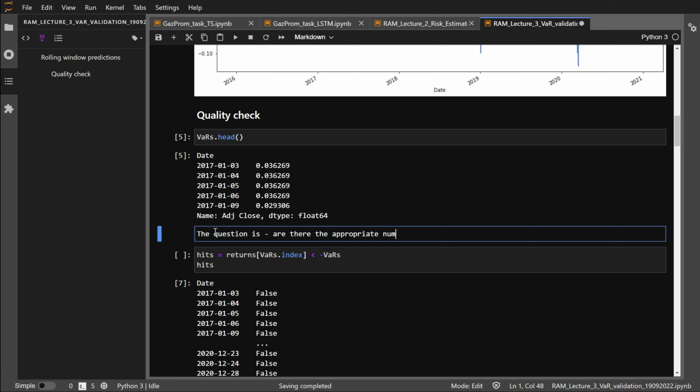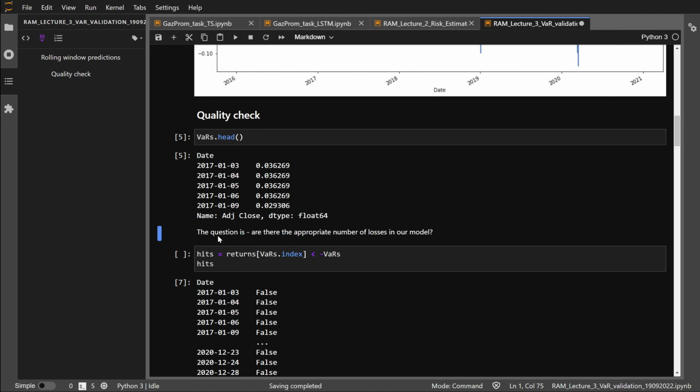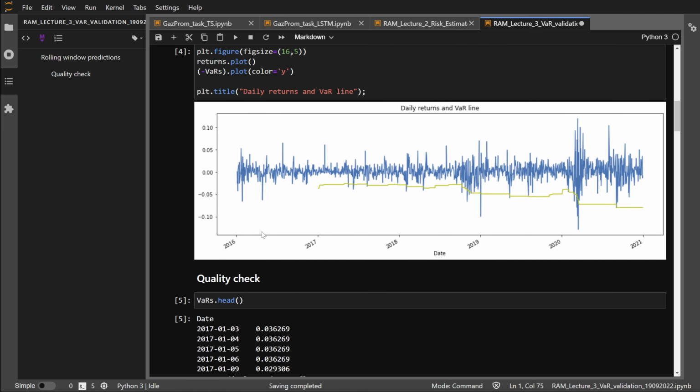Okay, so let's take a look at this graph again. But now we're going to mark some days when we actually observe hitting the line of value at risk by observed losses. So these are the extreme days.